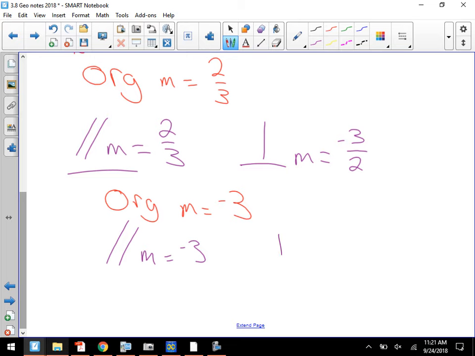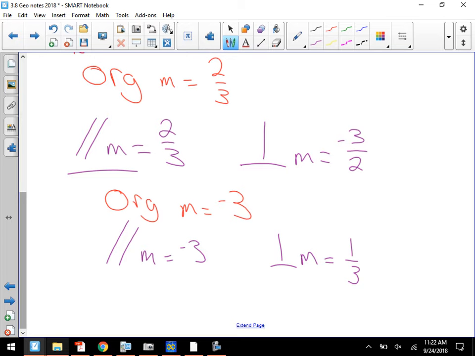Change the sign. When you flip, if it's just a 3, what's it over? 1. Sometimes people forget that. So when you flip an integer, I want to make sure you saw that.